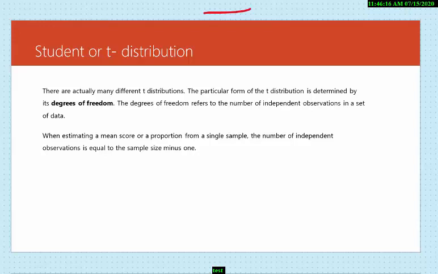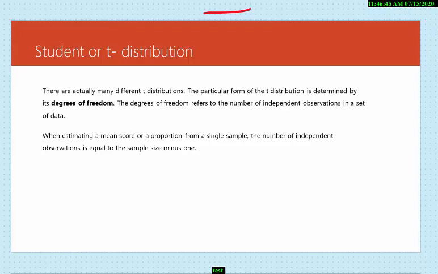If the size of your sample is less than 30 and you don't know the standard deviation, you're going to use the T distribution. So the size of your sample determines which curve you will use. And the size of your sample relates to the curve in the following way.